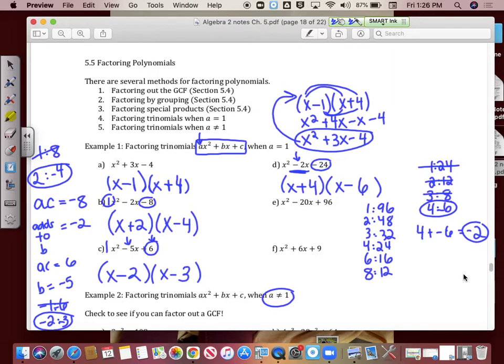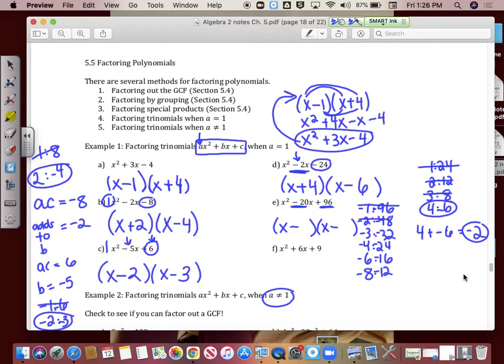Now, because I'm multiplying to be a positive, but at the same time adding to be a negative, I know that both of these numbers here are going to be negative. So when I'm looking at the factors that add to be negative 20, I know that all of them will end up being negative. So I'm just going to choose the ones that, when you add them together, equal negative 20. Well, negative 1 minus 96 doesn't equal negative 20. That equals negative 97.